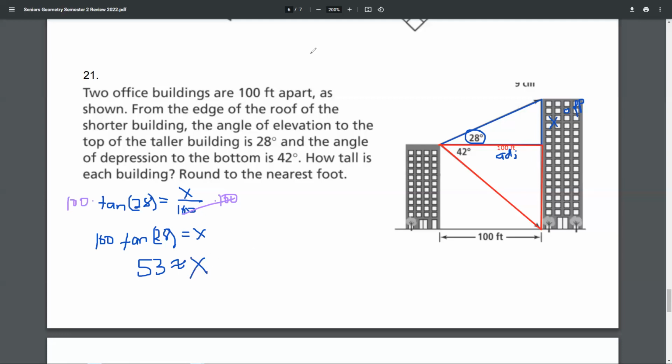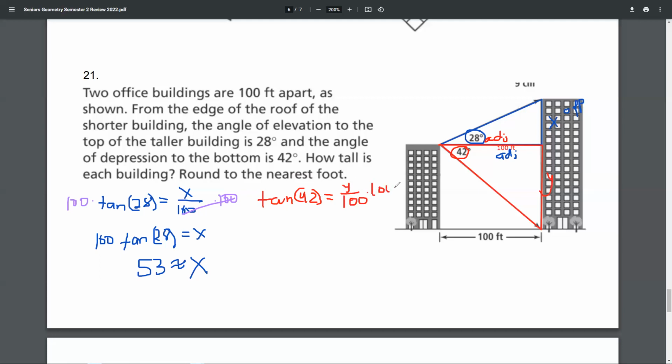Right. Now let's do the red one. So we circle this. Again, the 100 is adjacent. And we're solving for the height, which is going to be y. So again, we're going to do tangent. It's pretty much going to be the same thing, except instead of 28, it's going to be 42. So tangent 42 equals y over 100.